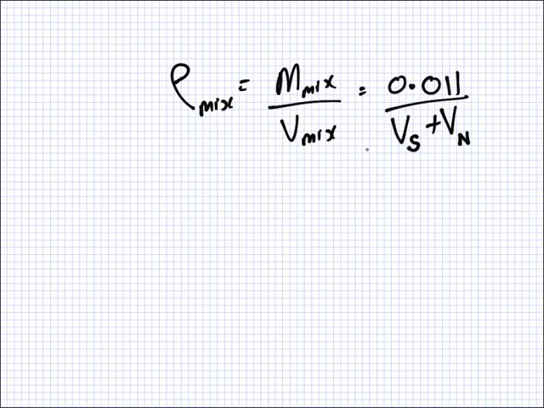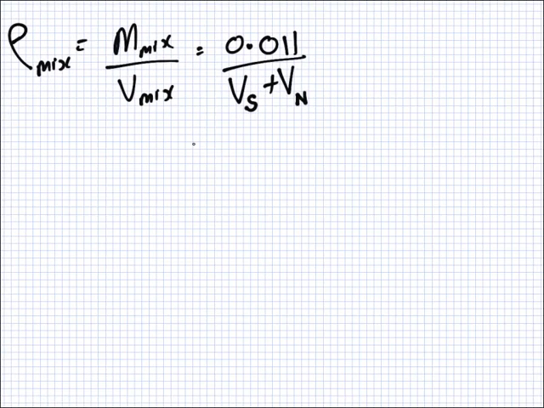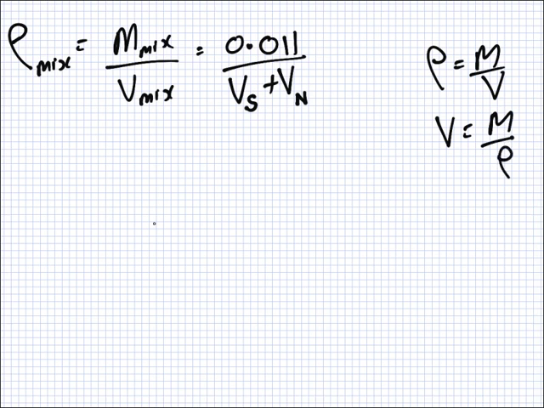Now, do we know the volume of the silver or the nickel? No. But we can use this formula. Density is mass over volume. So what does volume equal? Mass over density. So if I rewrite this, I have 0.011 over the volume of silver. I can rewrite this as, did I do that right? Yeah. Right, what was the mass of the silver? 0.001.